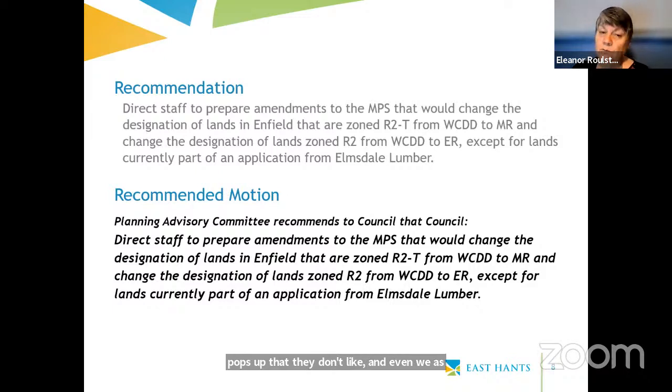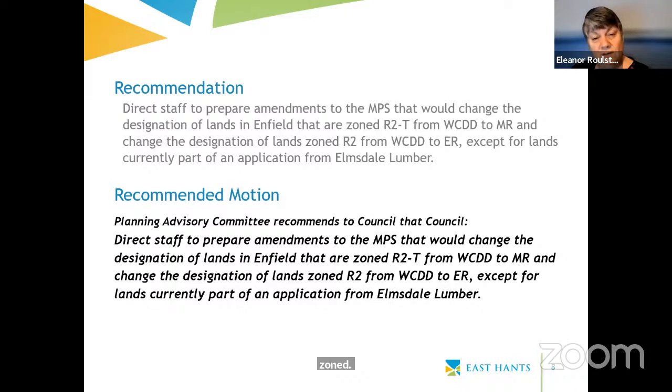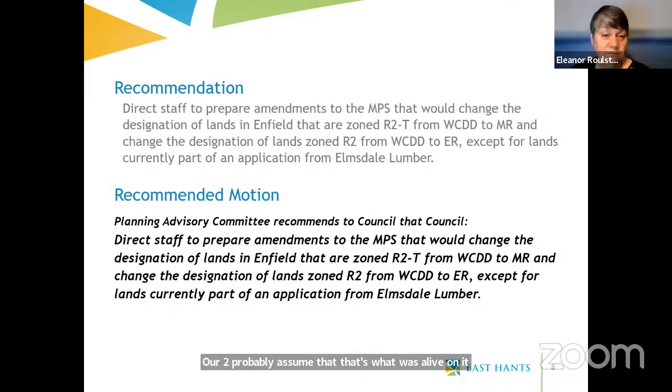I'm the first one to tell you, I don't have our planning documents memorized, and I don't know just what's allowed in every zone or every land use designation. But there must be some way that we can have a little more clarity, so that if someone looks at our zoning map and sees it was zoned R2, they'd probably assume that's what was allowed on it. And I think when we vary from that, we cause confusion. Those are my comments. Thank you.